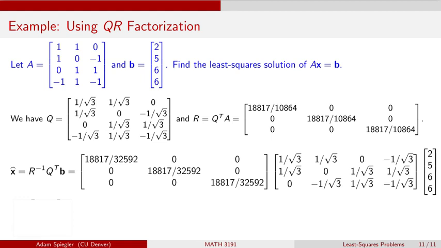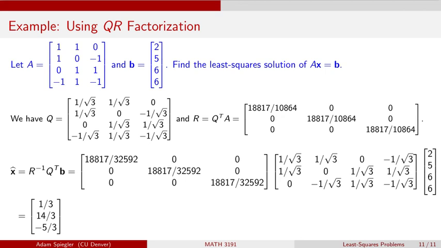And if we had a huge matrix, this product would save us tons of effort and computational time to derive the solution, which in the end we get as 1/3, 14/3, minus 5/3. This is consistent with the previous method that we used that did not rely on the QR factorization. So these methods both give us consistent solutions. That's great when we have different options available to us for solving problems.